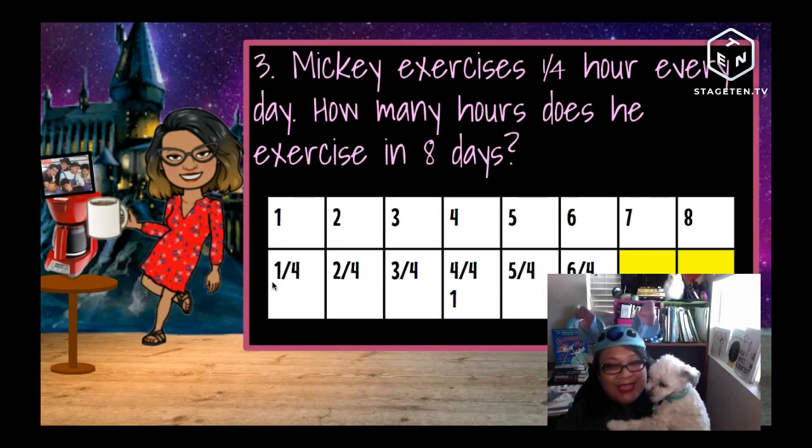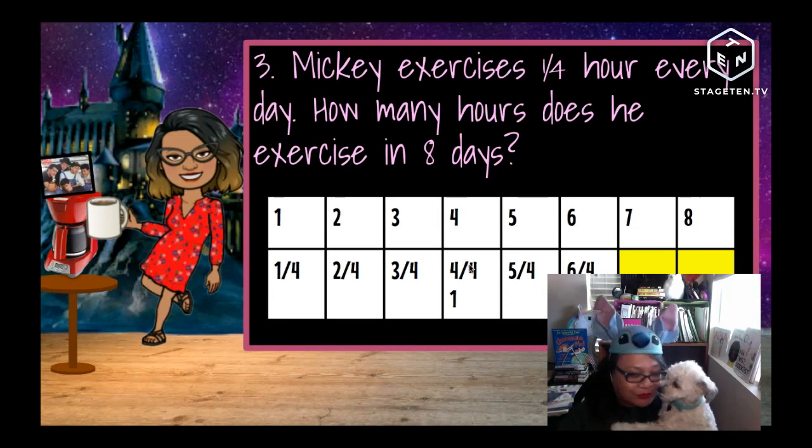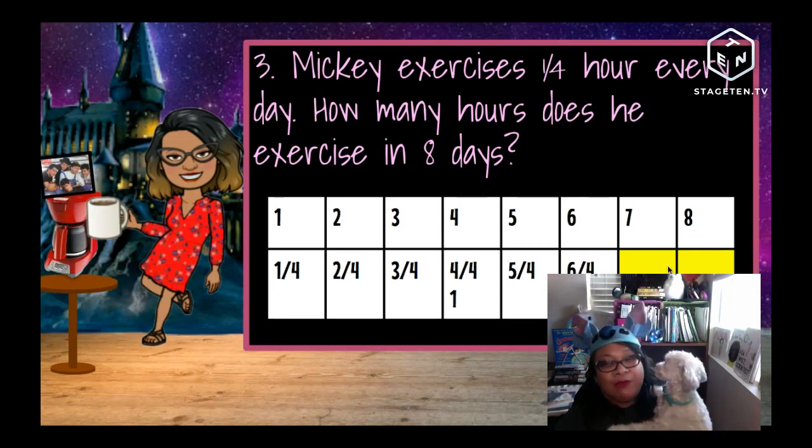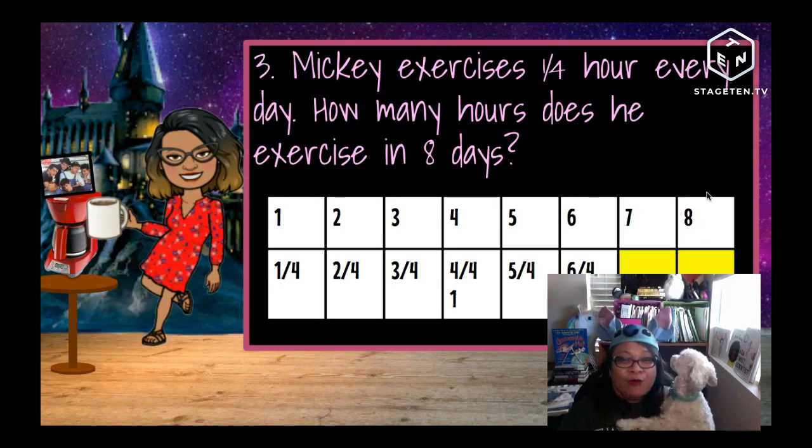So the first day, 1/4. Second day, 2/4, and on, and you'll notice by day 4, he has exercised 4/4, and that is also equal to 1. So if you keep going, filling this chart out, you get to day 8, and you will find how many hours he exercises by day 8.